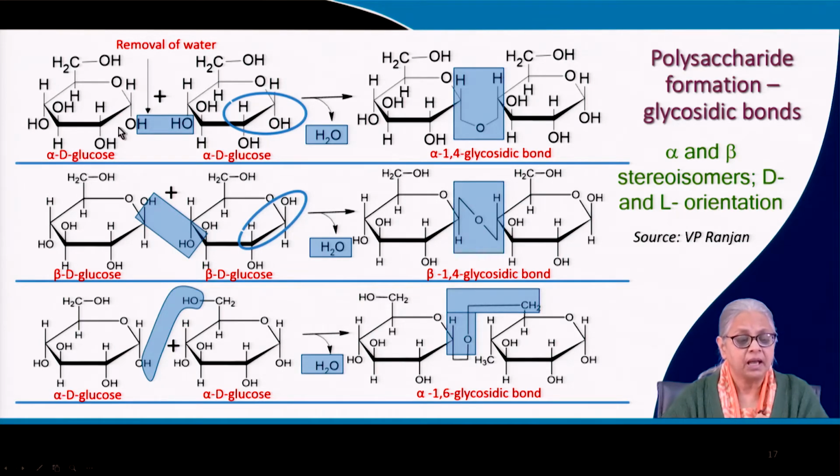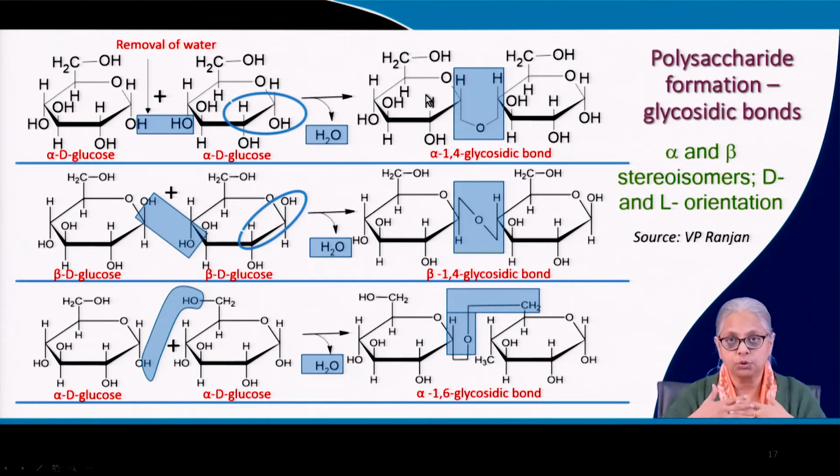You can see at the C1 position, you have a hydroxyl group which is bonding with the carbon on the adjacent glucose molecule at the C4 position. Here the hydrogen from the C1 position and the OH from the C4 position on the adjacent glucose are going to be lost in this synthesis reaction.